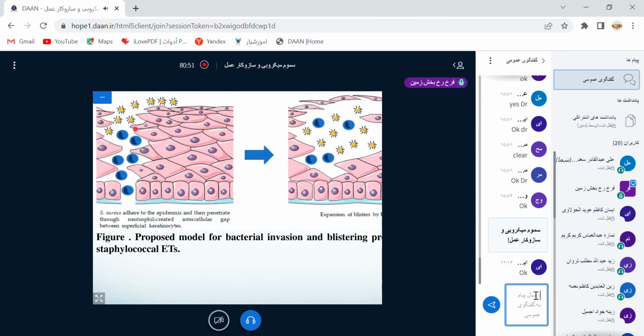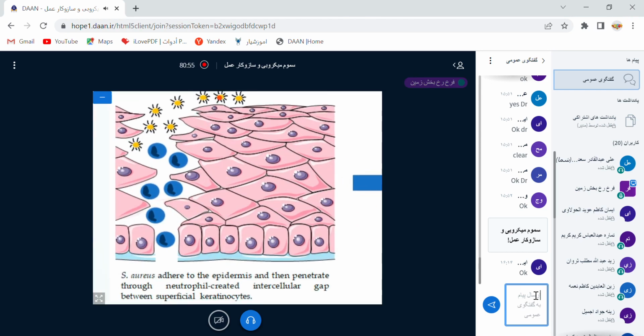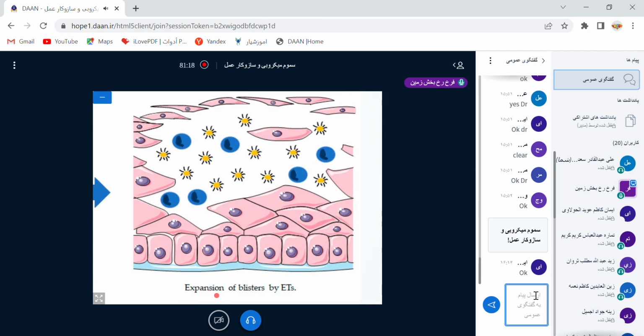And this is the last photo. As you see, what happened? These are Staphylococcus aureus. Staphylococcus aureus adheres to the epidermis and then penetrates through the neutrophil-created intercellular gap. This gap is created by neutrophils, and bacteria can come inside through this gap between superficial keratinocytes.